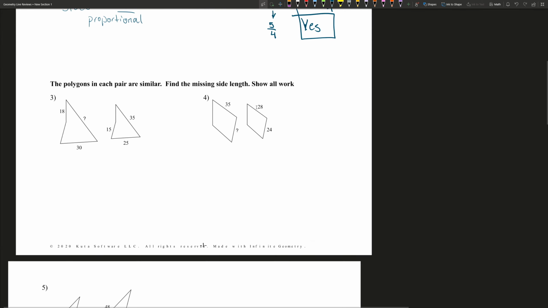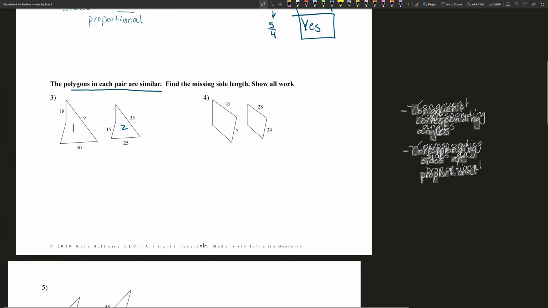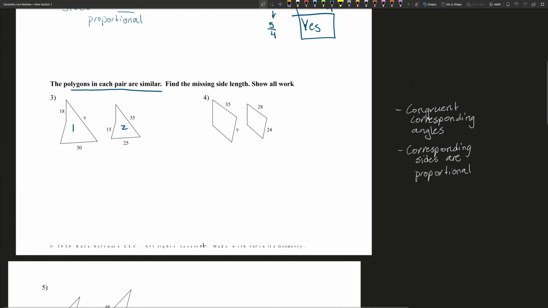Okay, number 3 and 4. So this gives us that the polygons in each pair are similar. So we know that polygon 1 is similar to polygon 2, which means it follows these two rules. Okay, so we're given that it follows this.